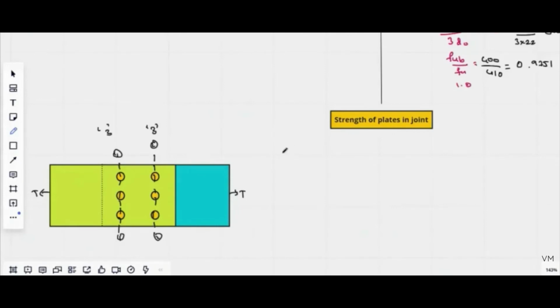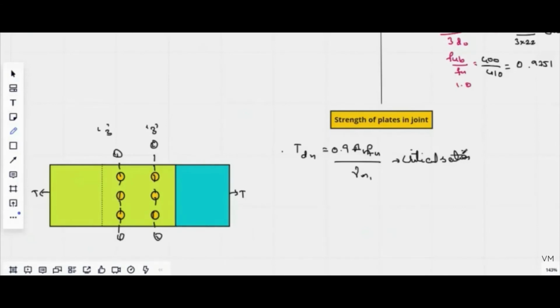To calculate it, we have a formula: Tdn equal to 0.9 An fu by gamma m1. We are calculating this at the critical section. Critical section is a section where we will get low net area.